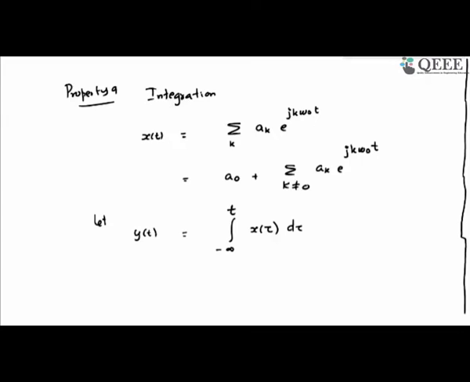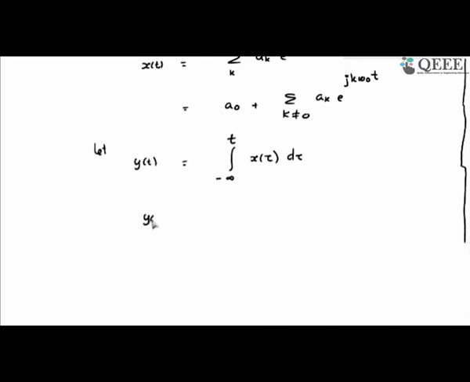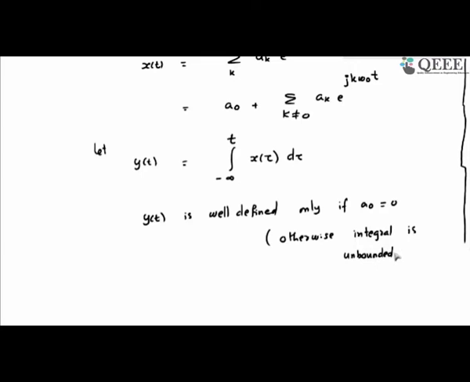So y of t is well defined only if a naught equals 0. Otherwise, the integral is unbounded. It has a very large value, or it can go to infinity.